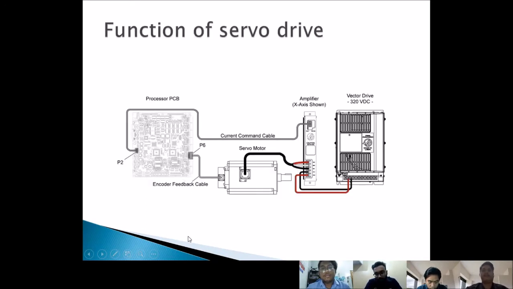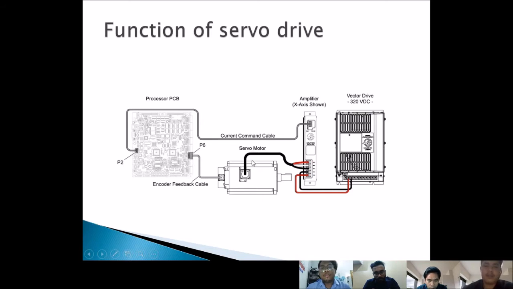Next, this picture shows how the servo drive is used and how it is connected. There is a servo drive connected to the amplifier and the servo motor, which is the main topic of today's discussion.